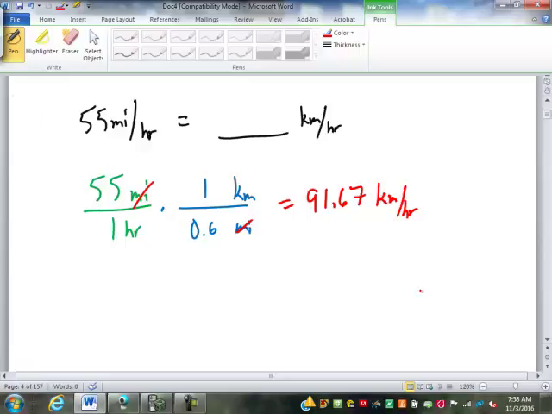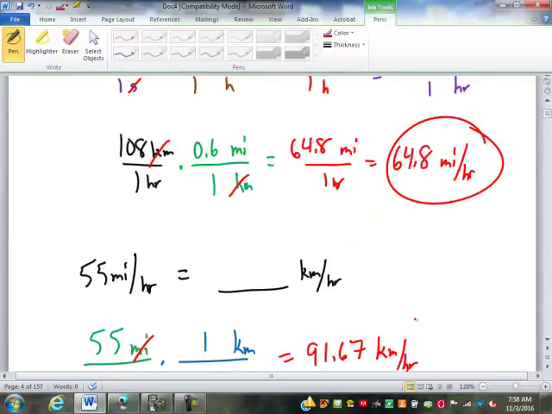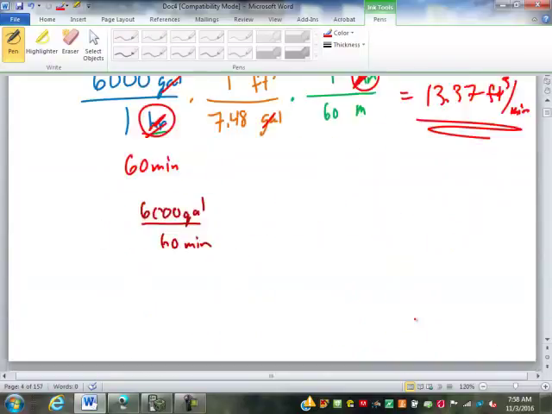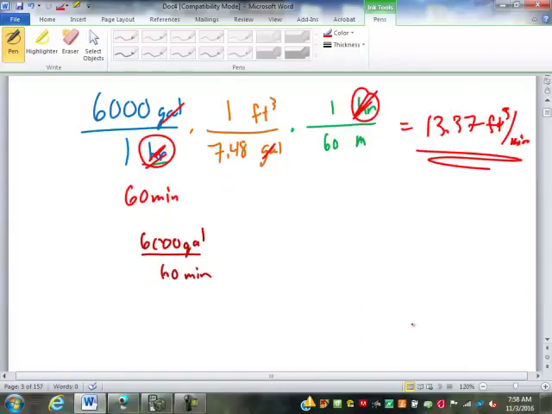Good question. Yeah. So in the last one, going from gallons per hour to cubic feet per minute, if you had 1 hour, it equals 60 minutes. So say you got 2 hours, you're going to divide that by 60. Nope. 2 hours you'd multiply by 60. And then, so why wouldn't you multiply that by 60?